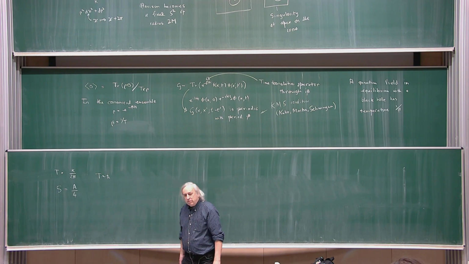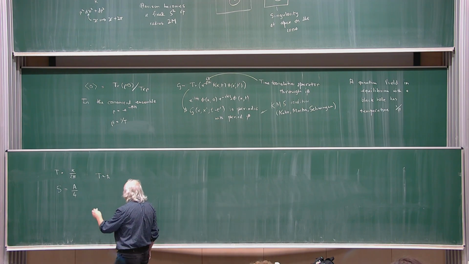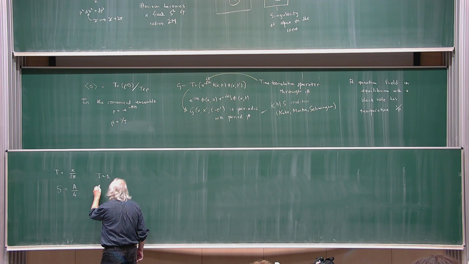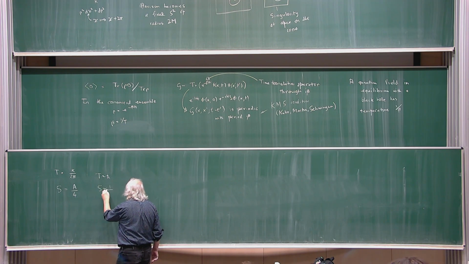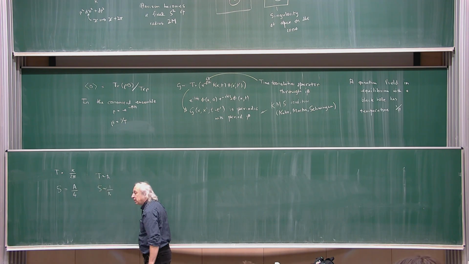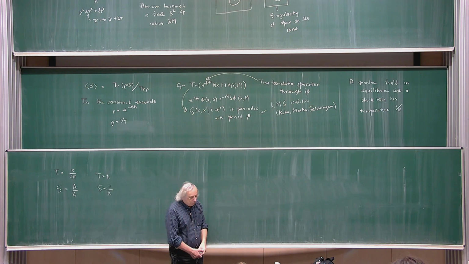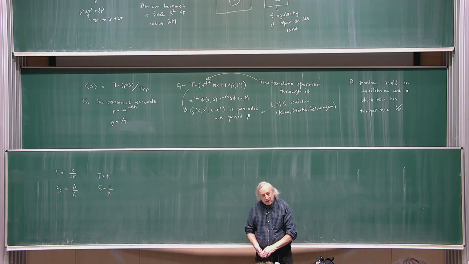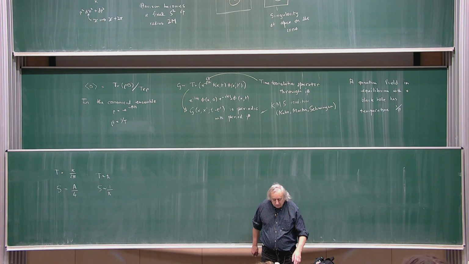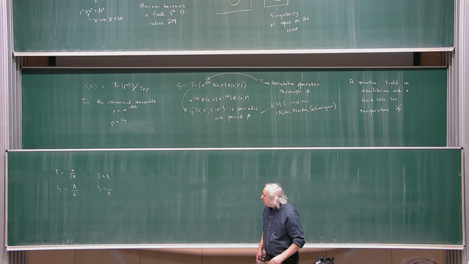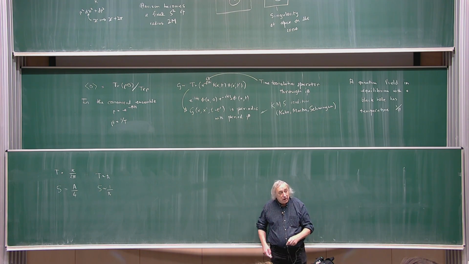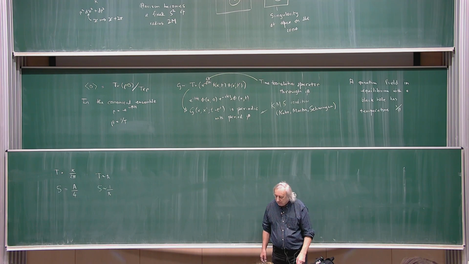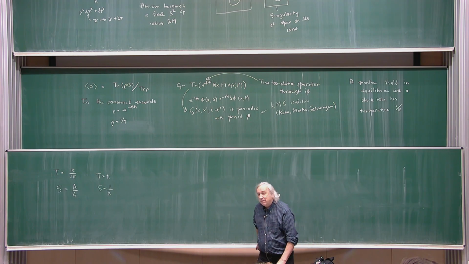And if you do that, you'll notice that S will look like 1 over h bar if you put the factors of h bar back in. That tells you that the entropy is infinite classically, and that has certain interesting implications concerning the black hole information paradox. So let's ask ourselves some simple consequences of black holes having a temperature.